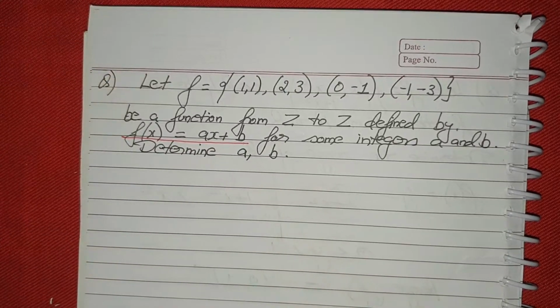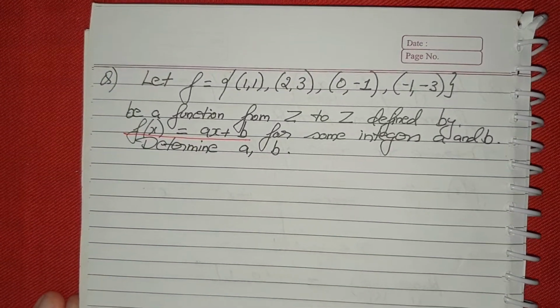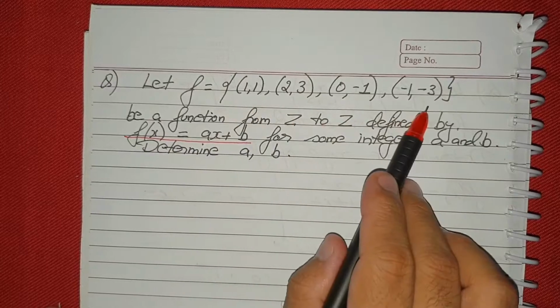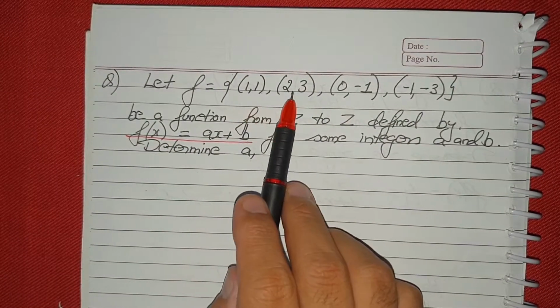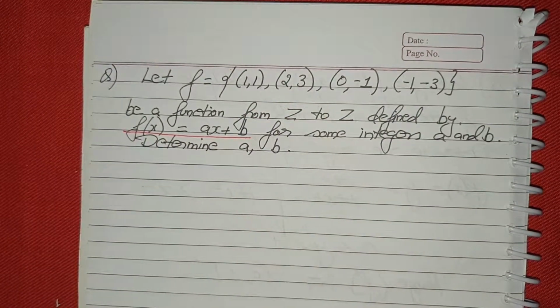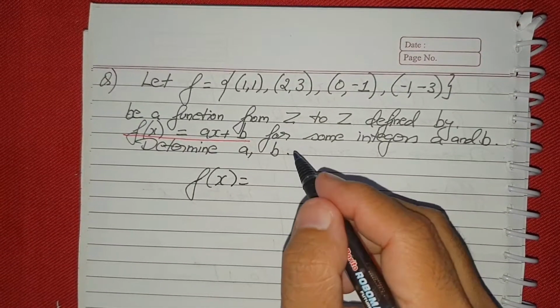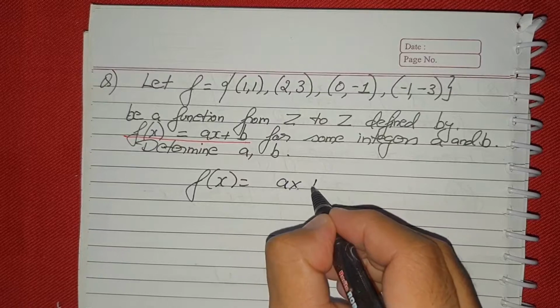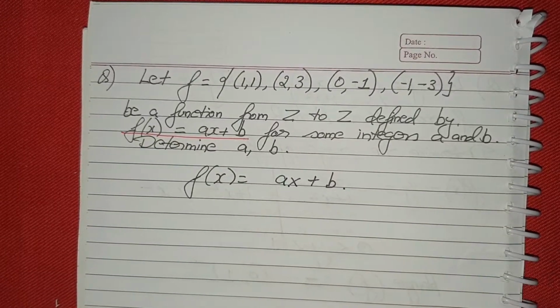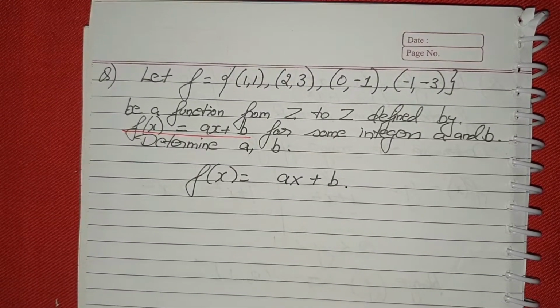Determine a and b. So find a and b. See, we have been given the function. That means if this is x, this is y, this is x, this is y. Now if we write the function as f(x) equals ax plus b, basically we have two variables a and b which we have to find.